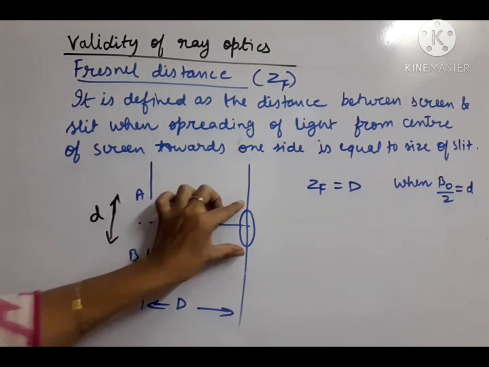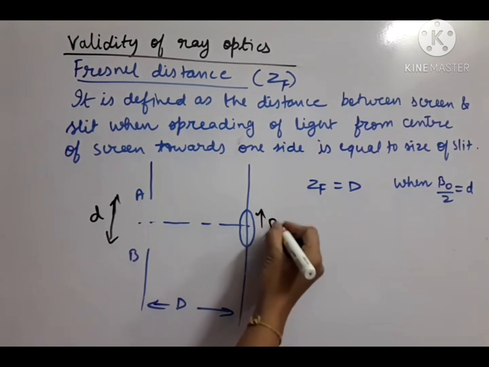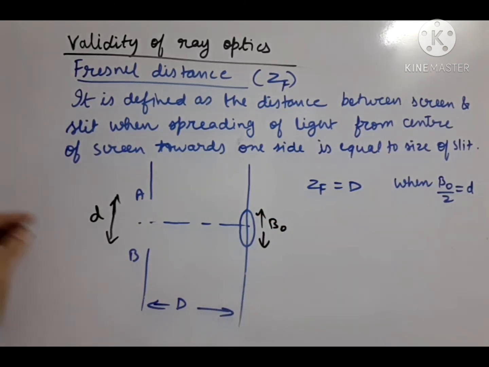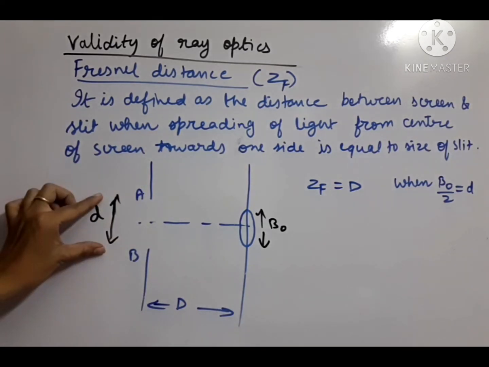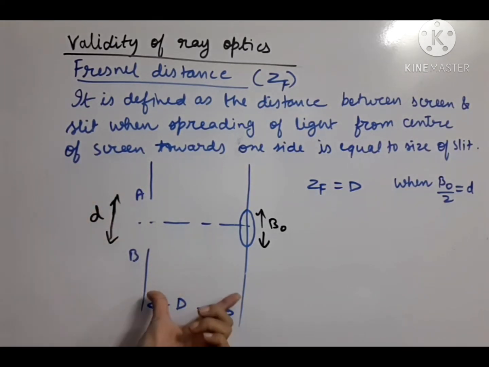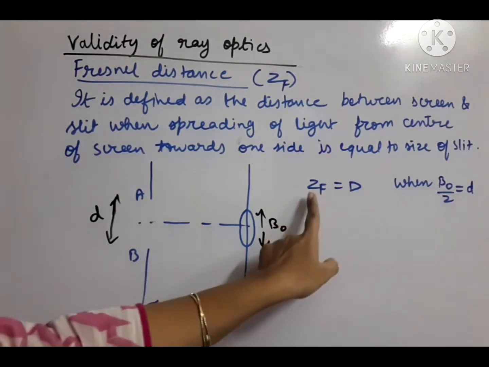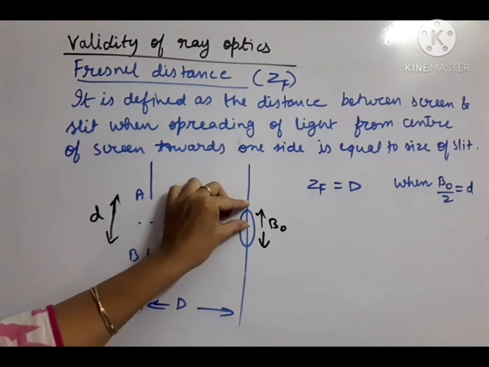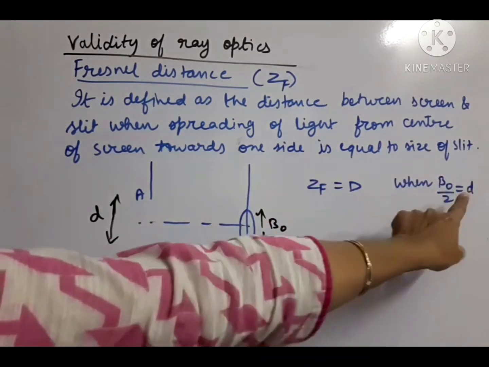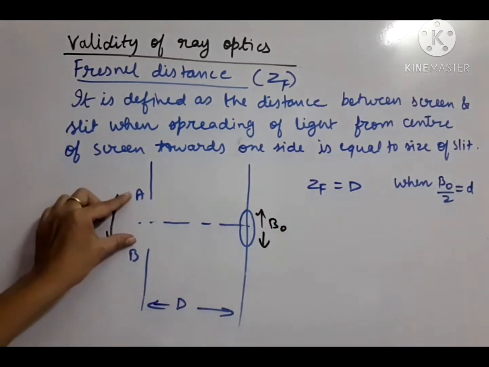You know that this is the central maxima, its width we call beta 0. Now when half of beta 0 is equal to small d, that time this distance we call ZF. So ZF is defined as capital D when half of the central maxima's width is equal to the size of the slit, small d.